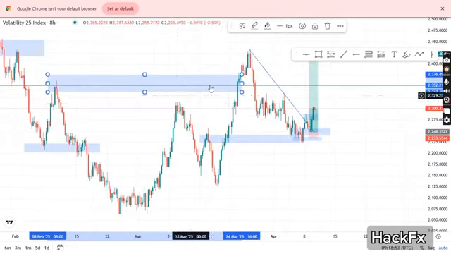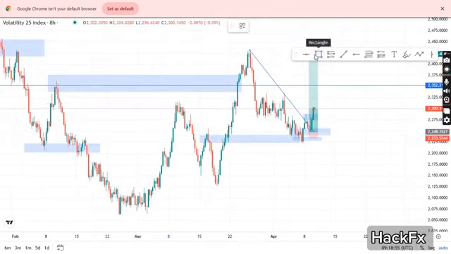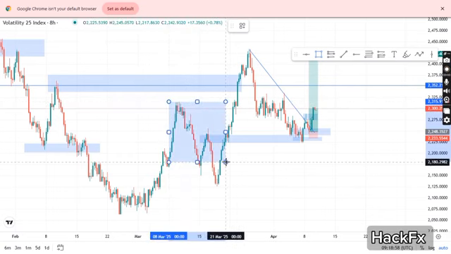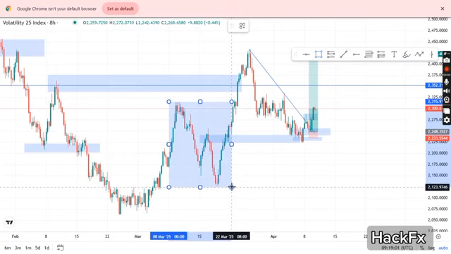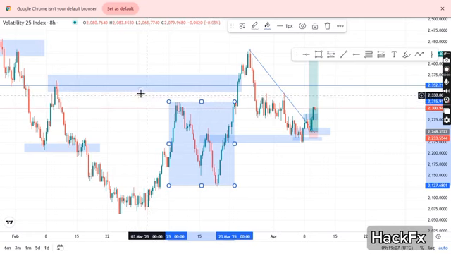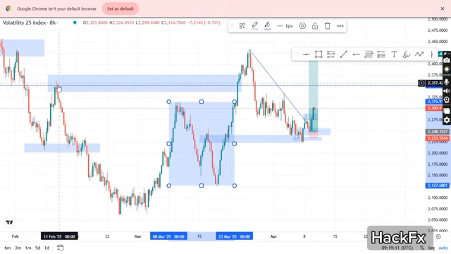You don't have to bother about this high here. This high here was just on bearish trend, but right now we're not going to consider it, because even if price breaks it and did not break this one, we will still consider it to be a bearish trend. But this time around price has broken it.